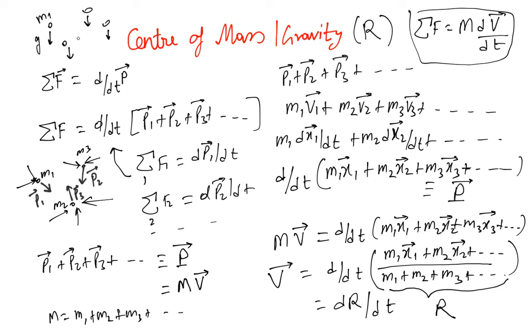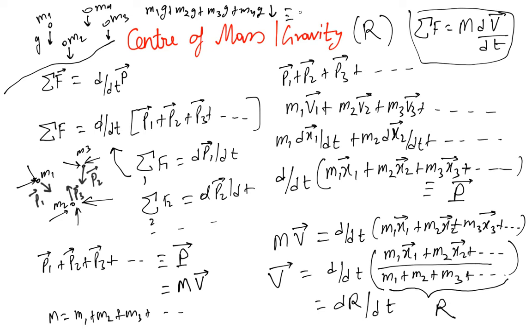If this is M1, M2, M3, M4, the net force is, I'm sorry, I'm running out of space, the net force is M1 g plus M2 g plus M3 g plus M4 g, and this is in the downward direction.